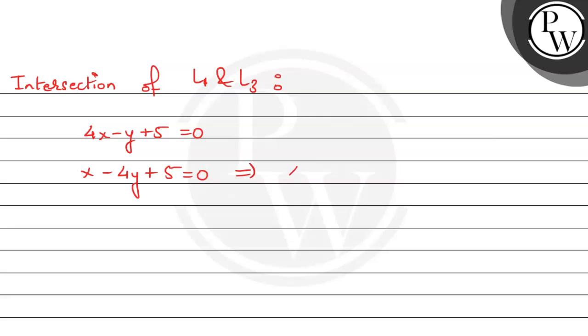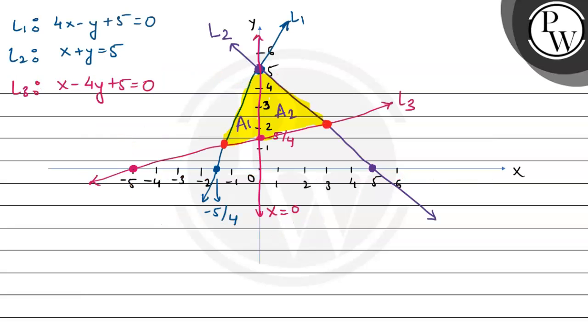This gives us 4x minus 16y plus 20 equals 0. Now solving simultaneously, the value of x is minus 1 and the value of y is 1. So the intersection of L1 and L3 is minus 1 comma 1.